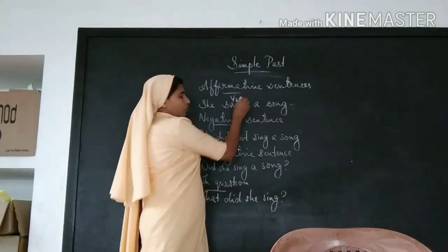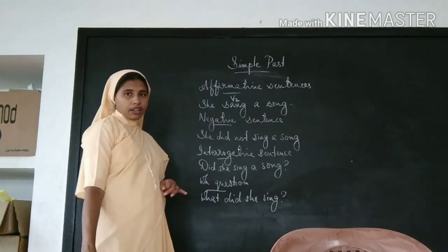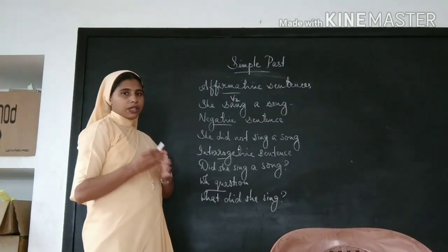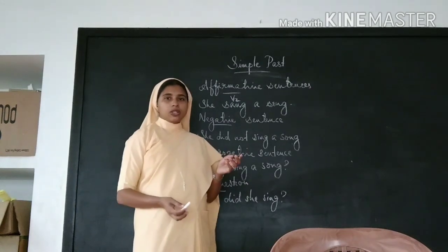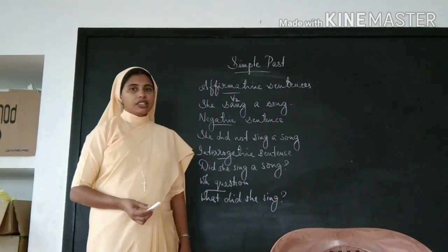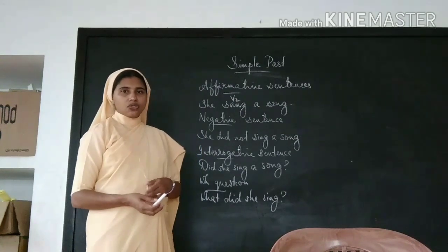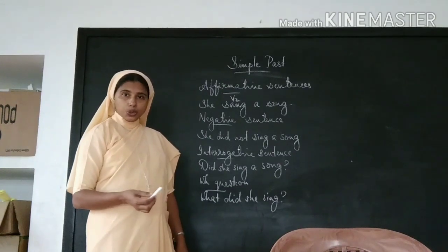Sang is the V2 form. They ate banana. Subject plus V2 form of the verb. And when you make a negative sentence, what auxiliary do you have to add? In present tense, which auxiliary had we added? That is do.